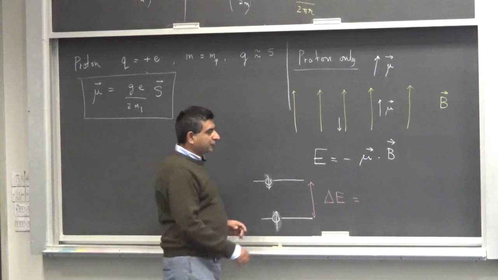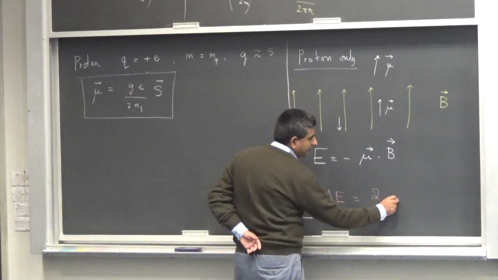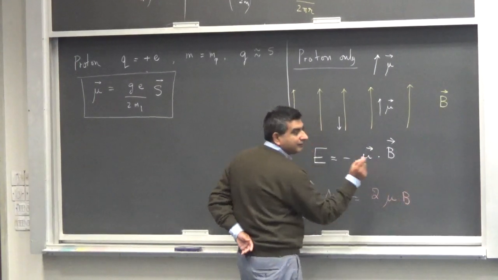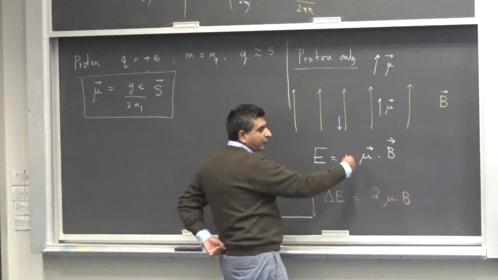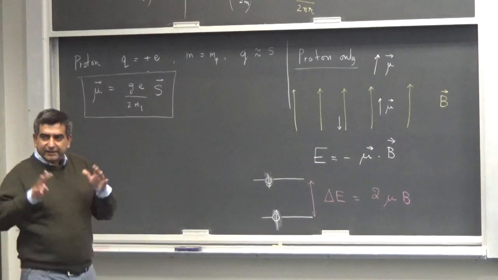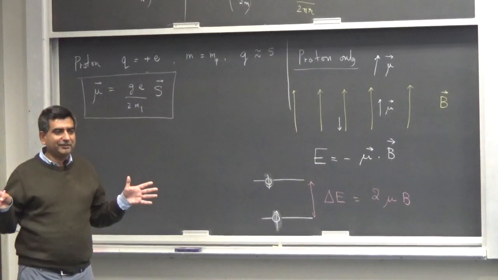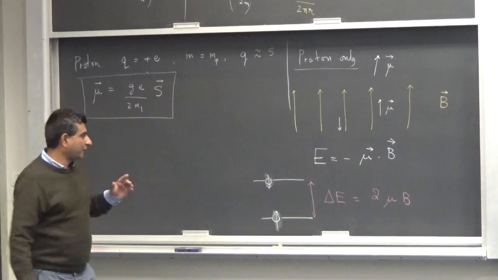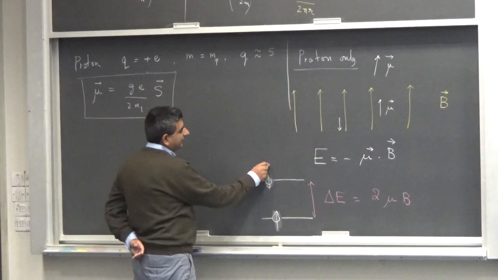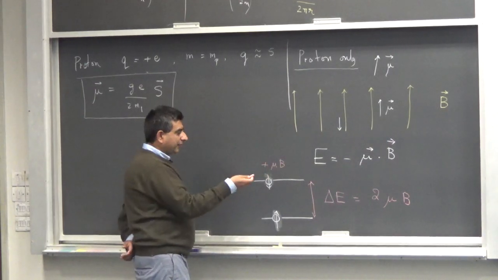And that energy gap is going to be 2 times mu B. But now I've removed the dot product and the energy is a scalar. So this is an energy gap. Got it? So this energy is plus mu B when the angle is 0 degrees.